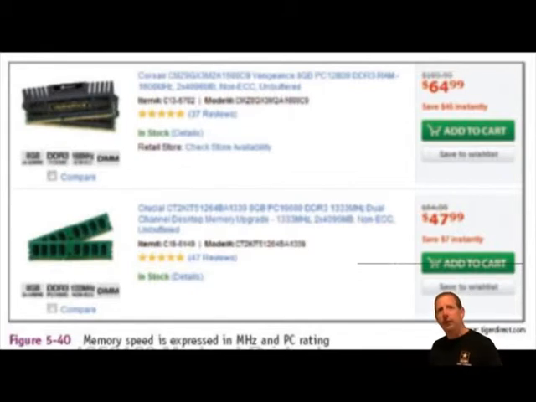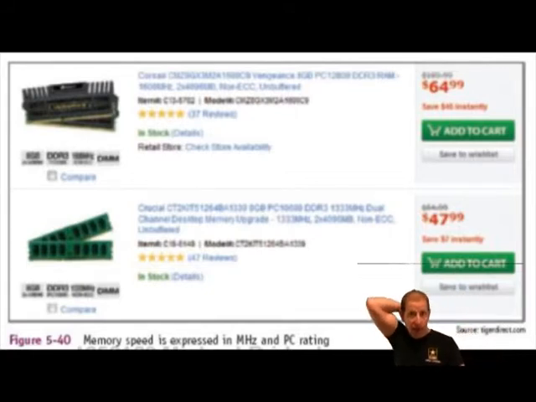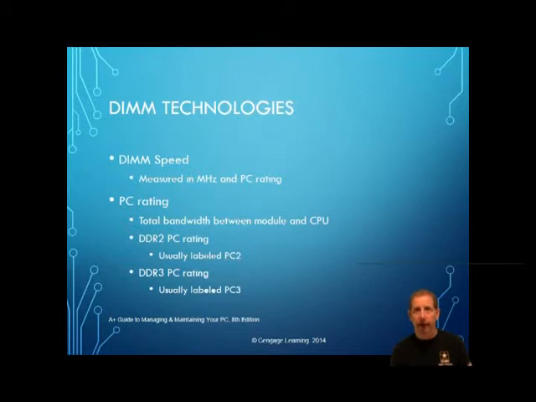Now, some current PC ratings for DDR3 are PC3 16000 or 2000 megahertz, PC3 14400 or 1800 megahertz, PC3 12800 or 1600 megahertz, and PC3 10600, which is 1333 megahertz.